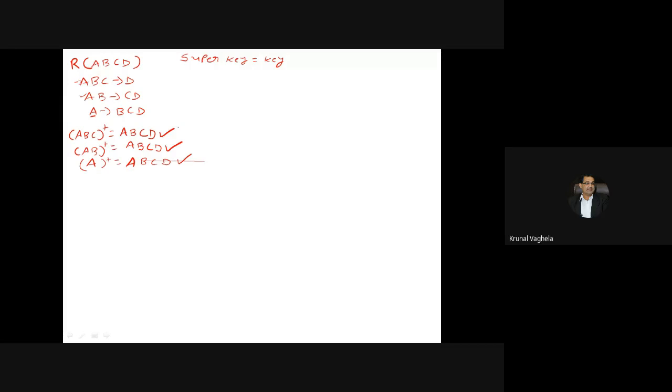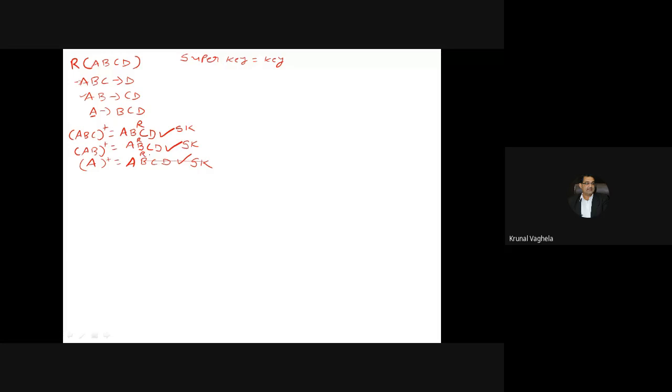So ABC is also a super key, BCD is also a super key, A is also a super key. I hope you understood super key. Super key is nothing but an attribute set from which you can find all the attributes of R, which is the definition of key.